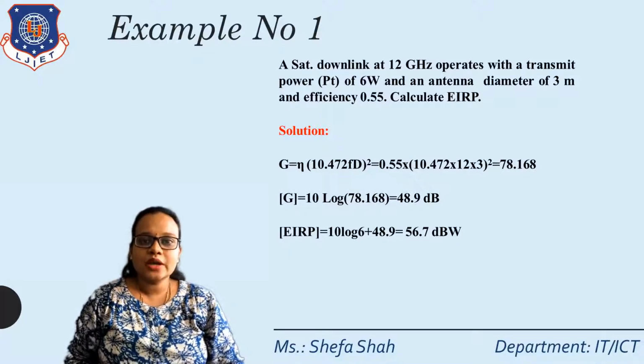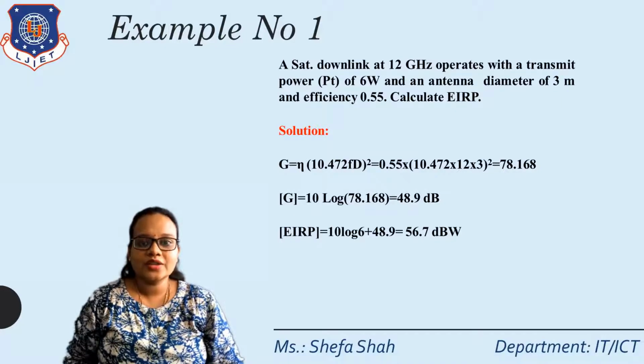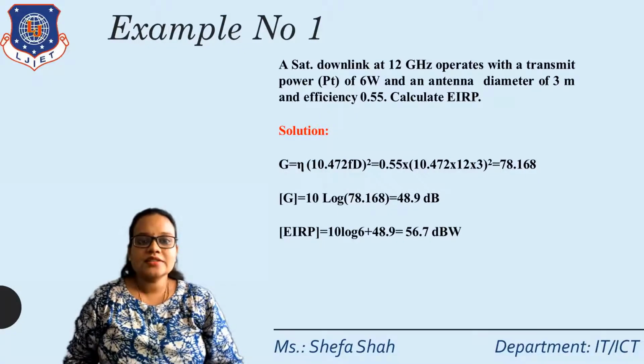In this equation, F is in gigahertz only and D is in meters only. Here the efficiency eta is 0.55, the frequency is 12 gigahertz, and the diameter is 3 meter. Substituting the given values in this equation, you will get 78.168. So that is the gain.